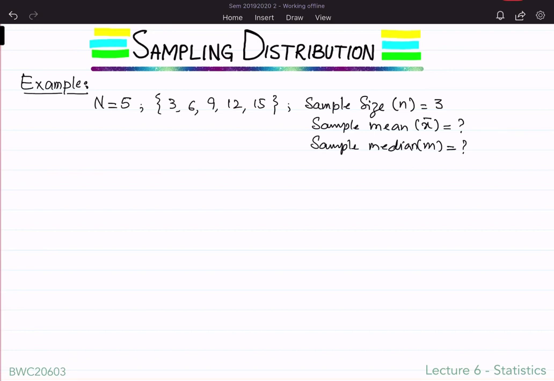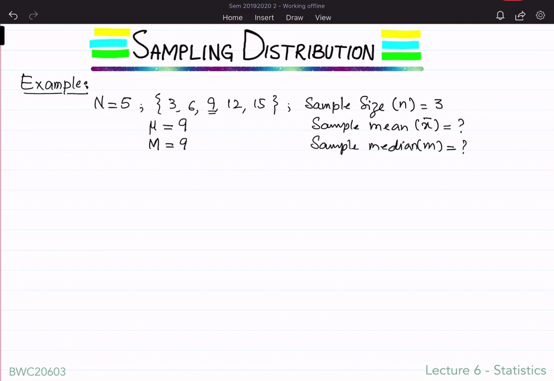The mean of the population is represented as mu, and we can calculate it by adding all these 5 and dividing by 5. We get an answer of 9. The median of the population is represented with capital M, and it will also be 9 because 9 is in the middle, 2 on the left and 2 on the right, so the middle one is the median.